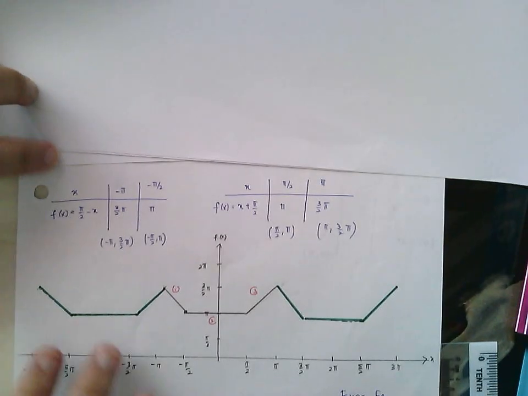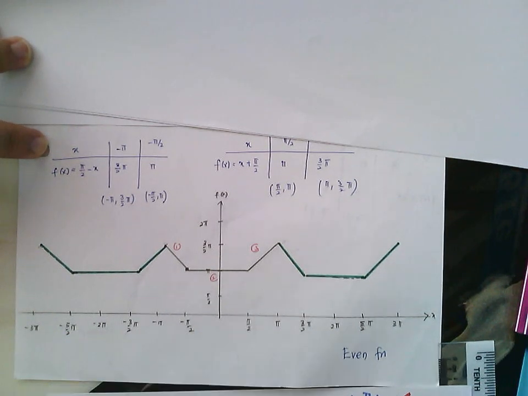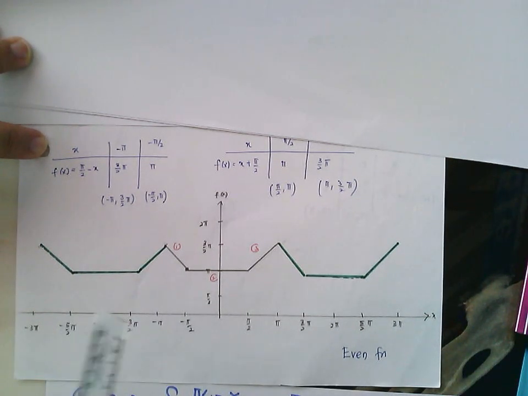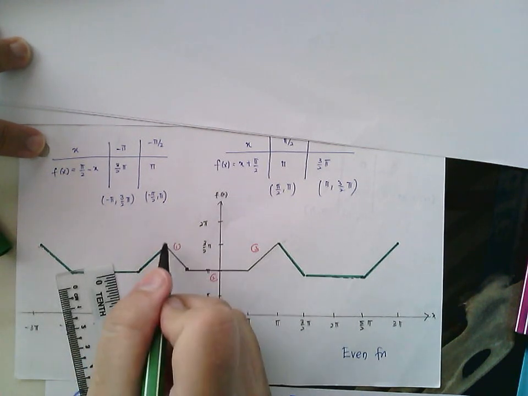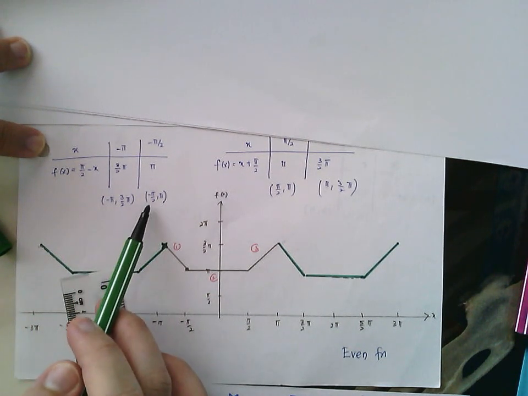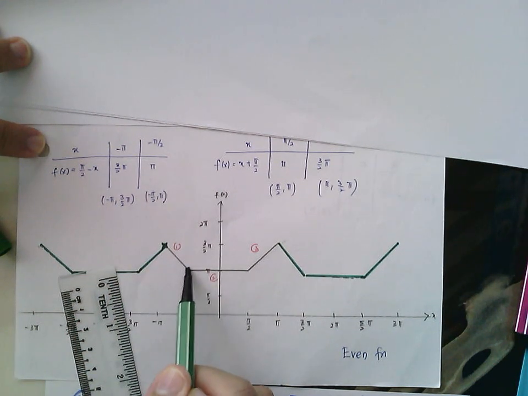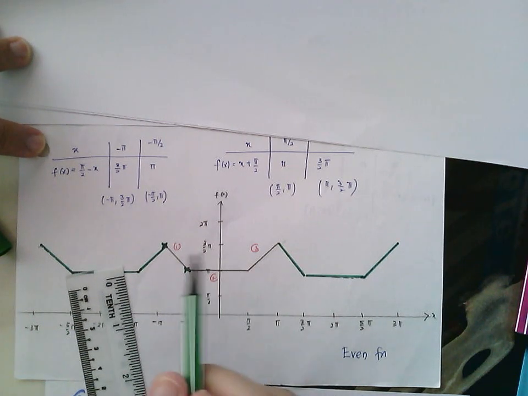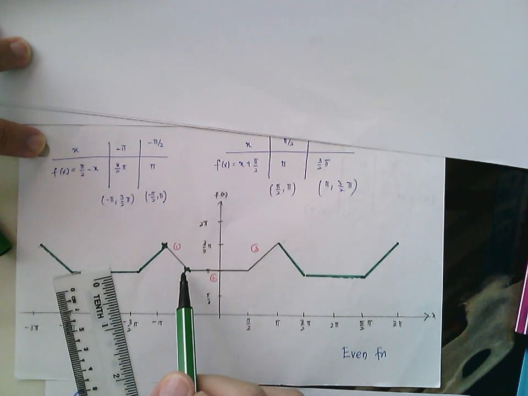So when x is equal to negative pi, your f(x) is equal to 3 over 2 pi, so I have the first point here. The second point is negative pi over 2 and pi. So this is my second point. Therefore I join these two points, then I will have the first graph.